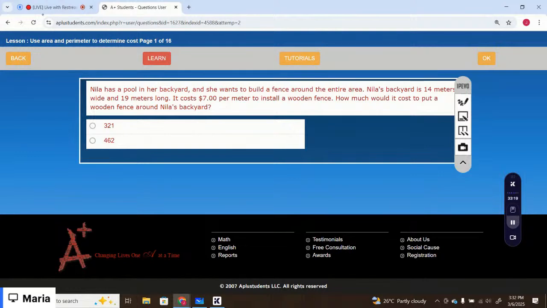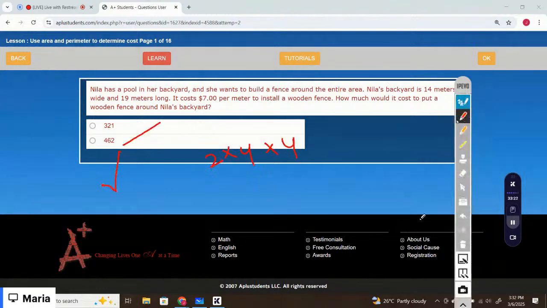So you need to calculate the area of the backyard. 14 times 19 is 266. That is the area of the backyard.